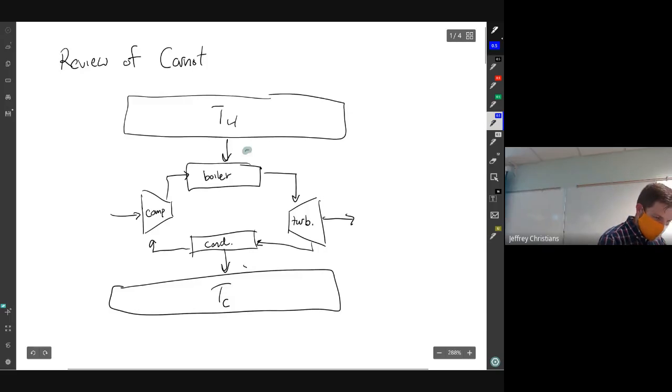So this is the heat from our high temp. The heat we're losing to our low temp, that's waste heat. And then we have the work that we get out of our turbine, WT, and the work that we put into our compressor, WC.